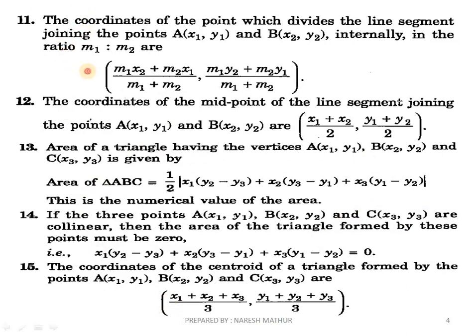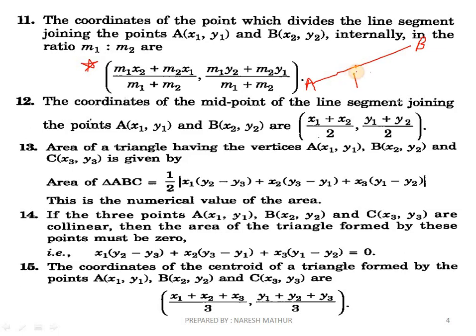This is the second formula which we are talking about. This is called the section formula. Section formula deals with when we have a line segment, let's say A and B, whose coordinates are x1, y1 and x2, y2 respectively, and suppose we have a point somewhere lying on AB.